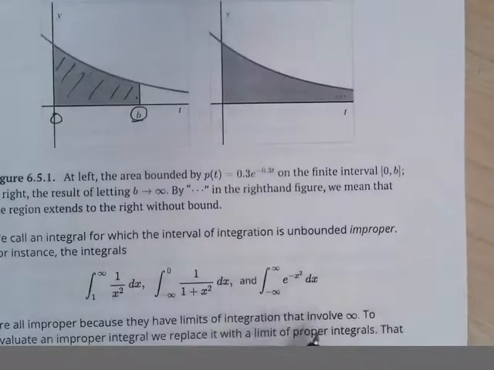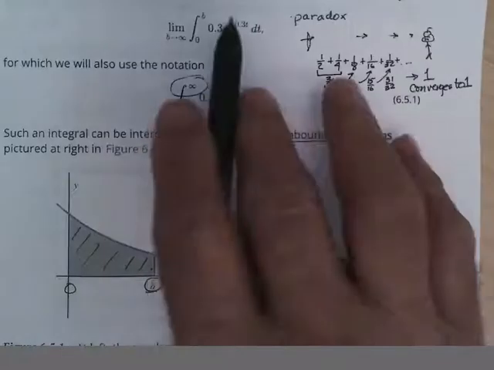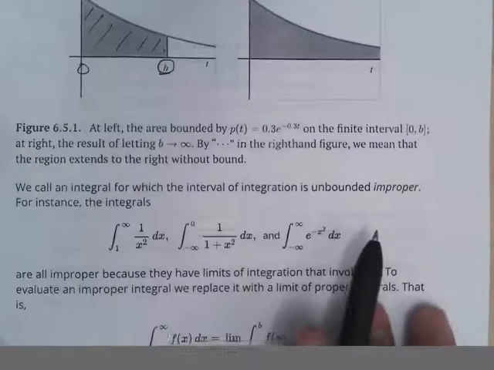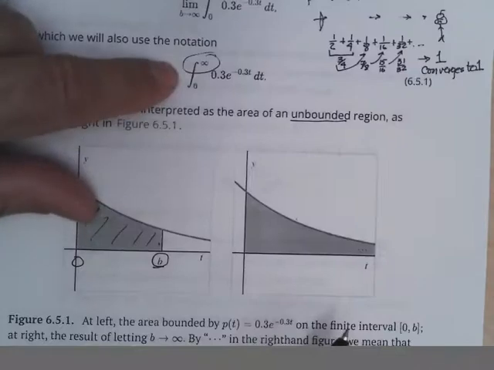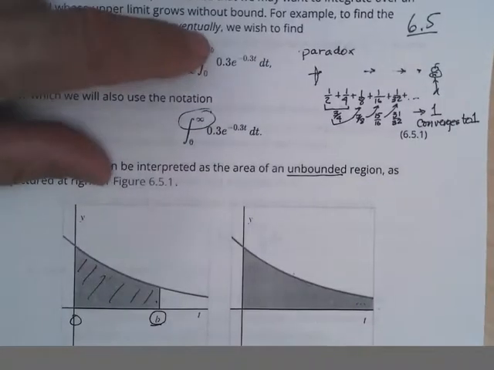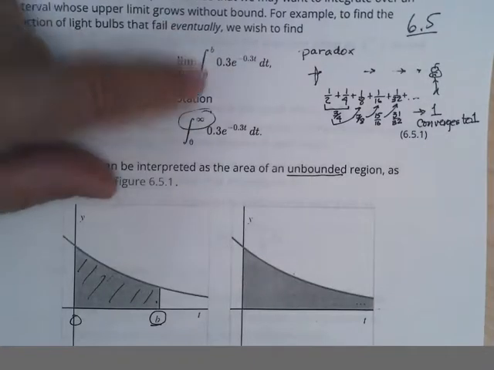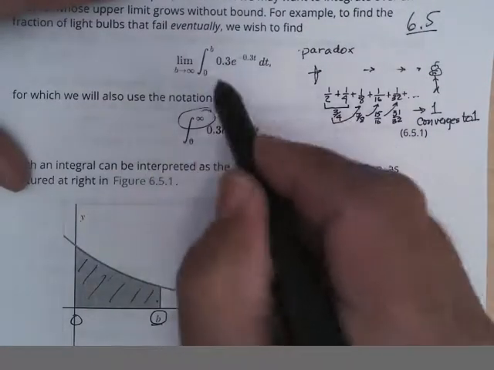Okay, now how do you handle integrating that, finding the area under one of these curves? So for this, you would change this to the limit as b goes to infinity and put b in place of the infinity. You would integrate this.